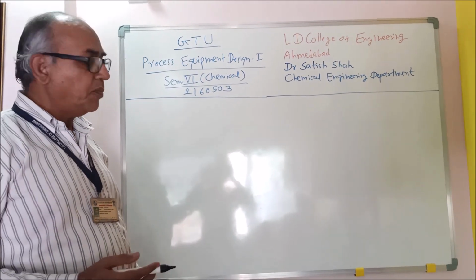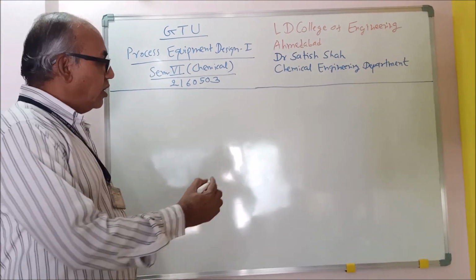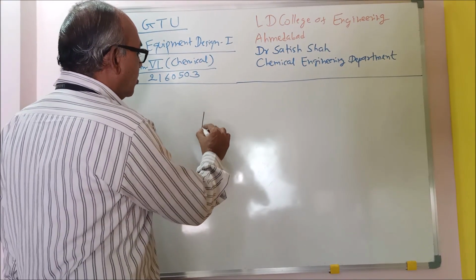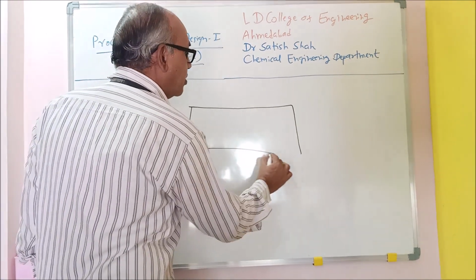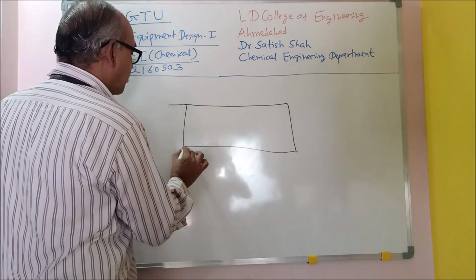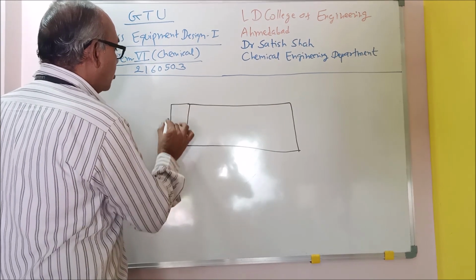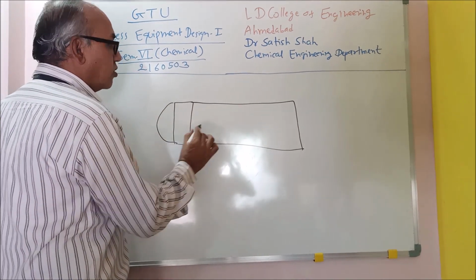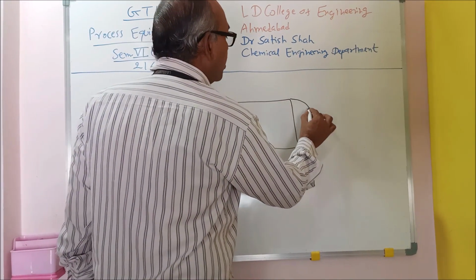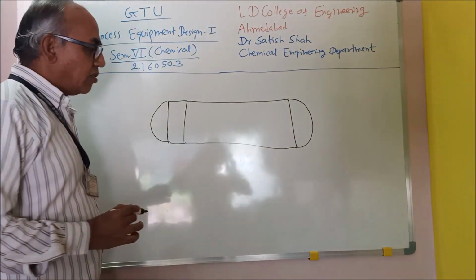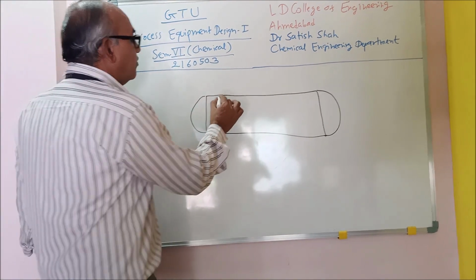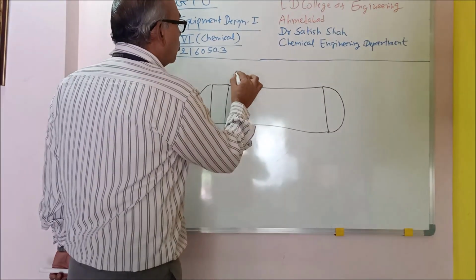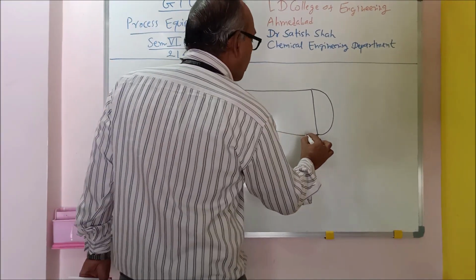So if you see the parts of the shell and tube heat exchanger, it will be like this. So here, this will be the shell, this is the channel portion, this is the head. Here, suppose we have the direct shell head connected to the shell, and then we have the nozzles for inlet and outlet.